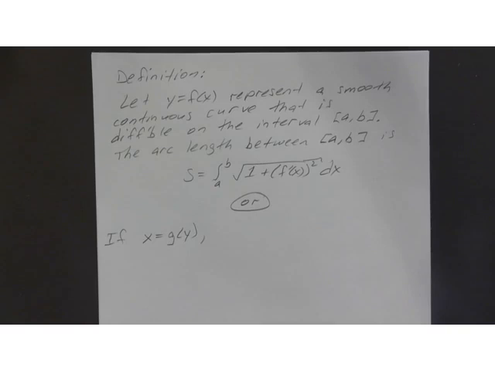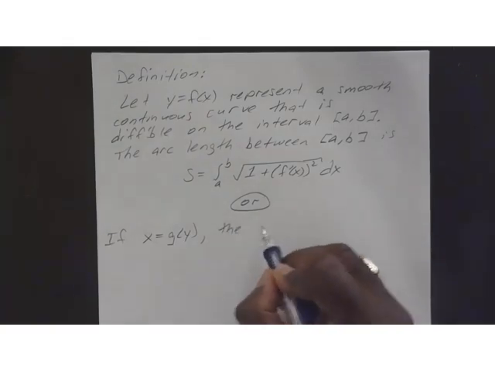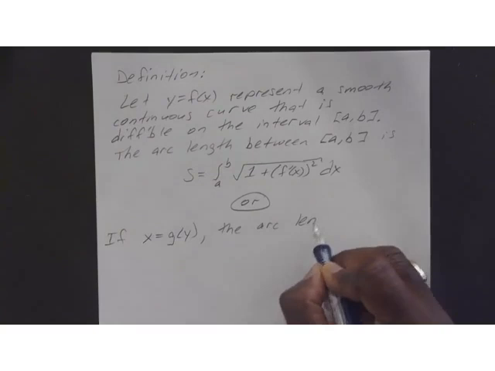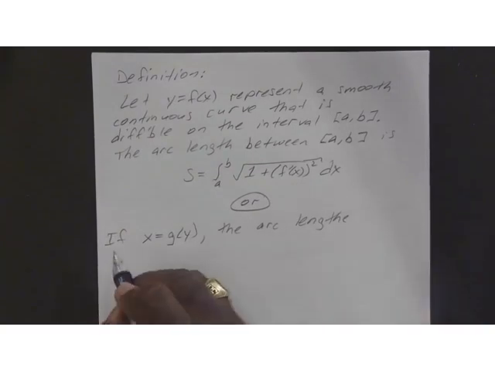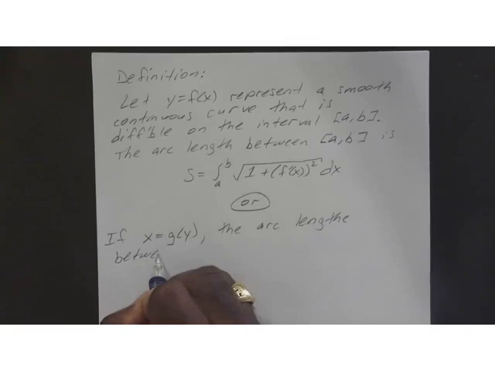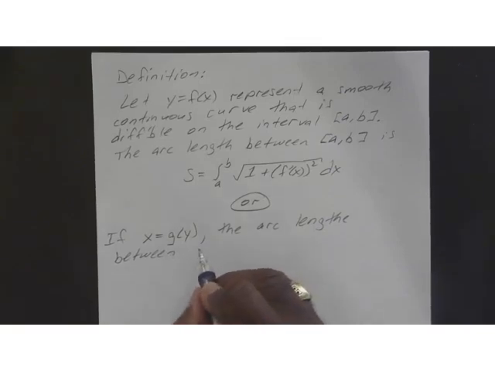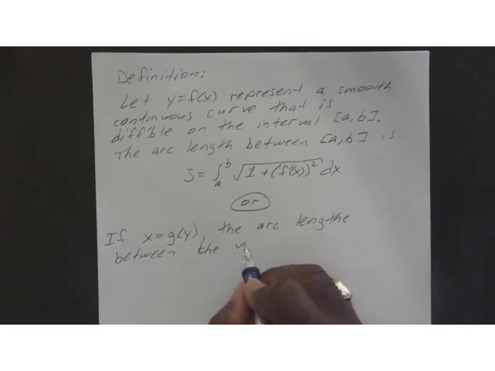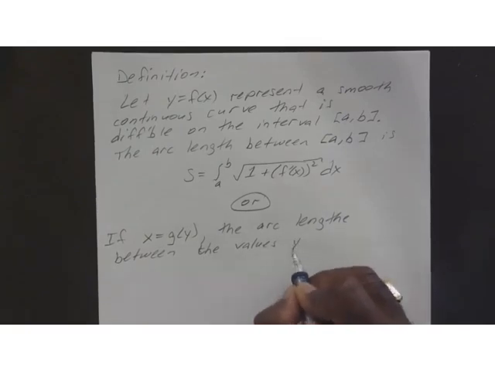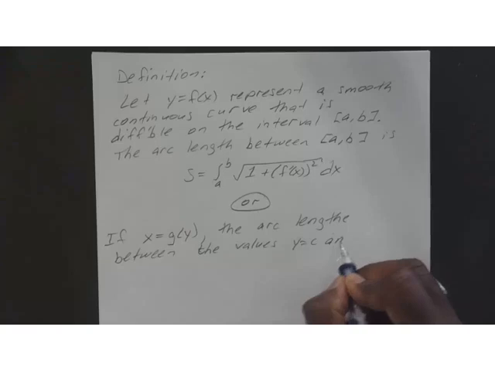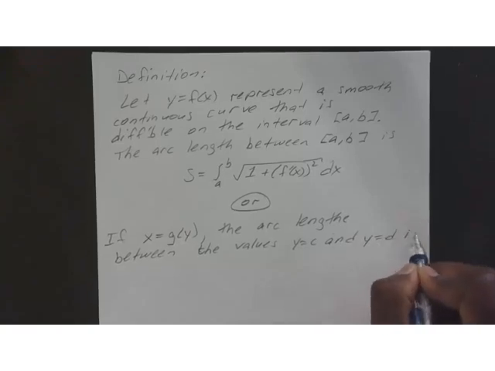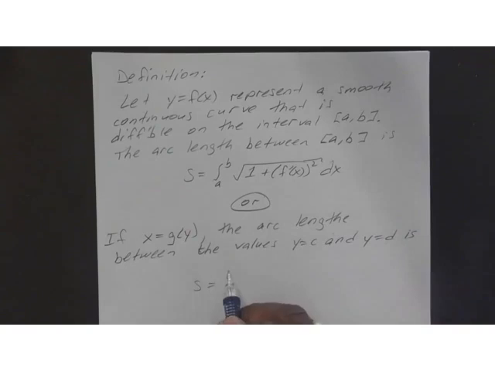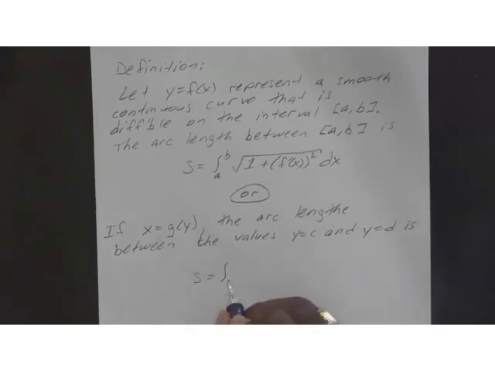So instead of the interval being between A and B, for the y-axis, like we always do, we'll make it C and D. The arc length between the values y equals C and y equals D is the very same one, but we're going to switch it up. Instead of from A to B, it's going to be from C to D.